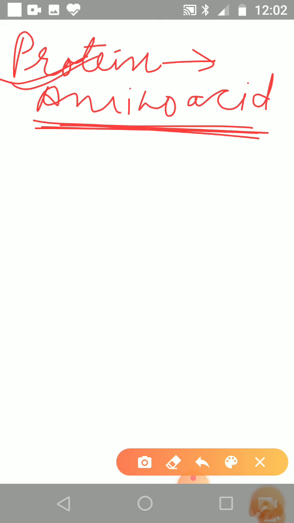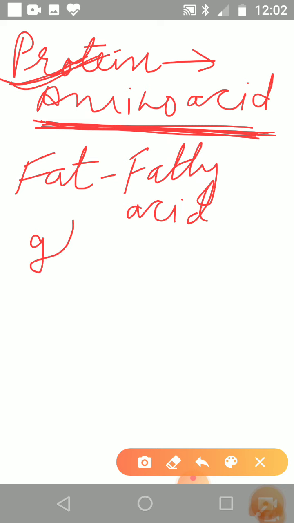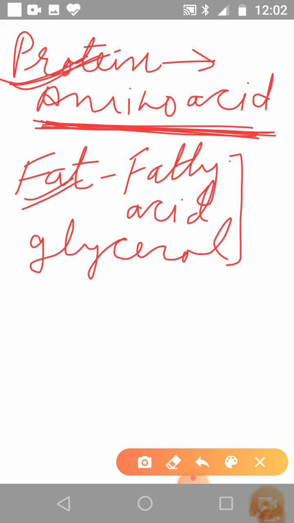So after digestion, protein is completely digested and becomes amino acid. Then fat: this fat is completely digested, and it becomes fatty acid and glycerol. This is the simplest form of fat.